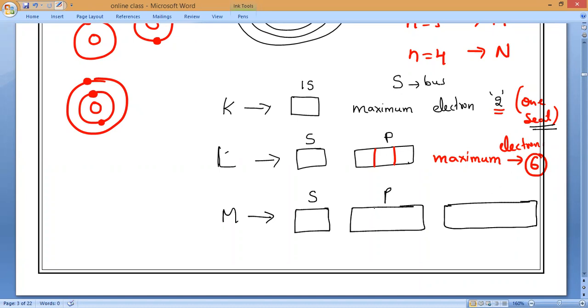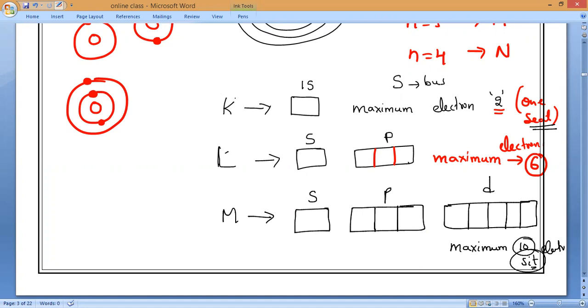The p bus has 3 seats. And the d bus has 5 seats: 1, 2, 3, 4, and 5. Totally how many members can sit? Maximum 10 members can sit. Understand, everybody? I am talking in normal language.